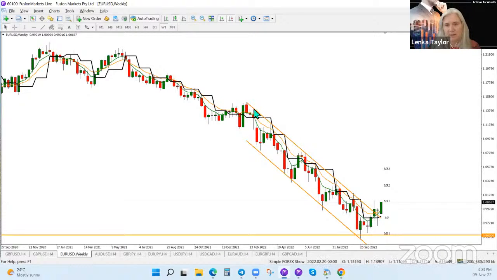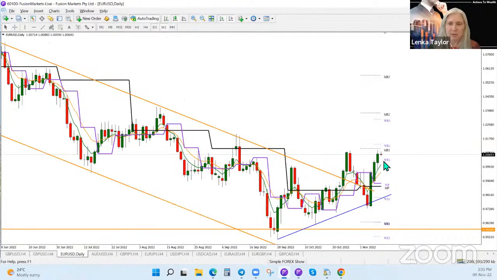Here we had the channel going down. We've had 2 closes above already. So looking for any pullback and then continuing in the upward direction there. Here we had the breakout of the channel. We have a high and a higher low, higher high, higher low.